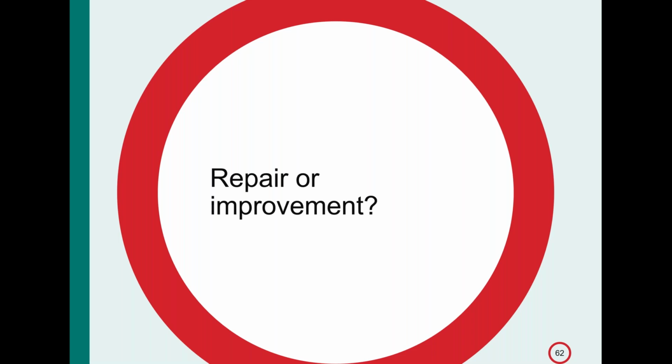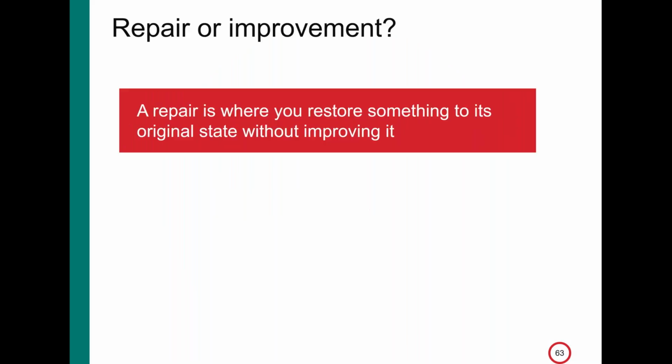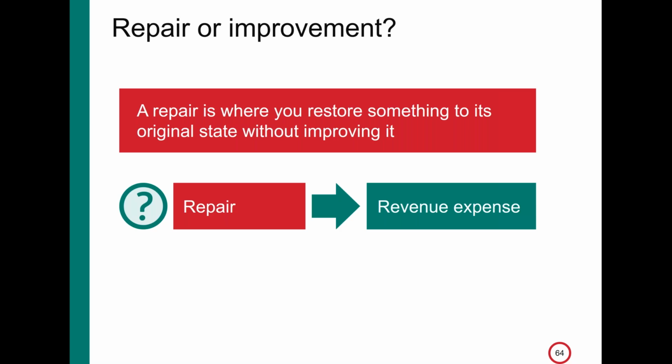As well as deciding if an expense is a revenue expense or capital expense, it's important to decide if an expense is a repair or an improvement. A repair is where you restore something to perform its original function properly. This may be by replacing parts of it. Repairs are a revenue expense, so you can include them as an expense when working out your profit or loss.